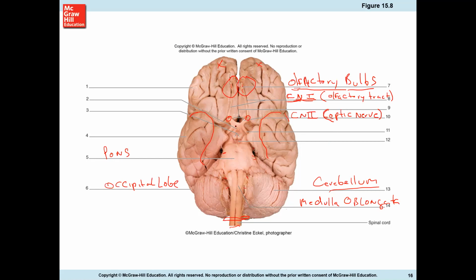Right? And this crossover part, because it's going to cross over, it's going to decussate. That's what crossover means. Here's another cool word. Get ready. This is the optic chiasm. That means crossover too, but it's decussation, which is crossover.